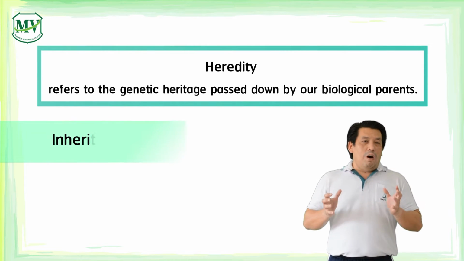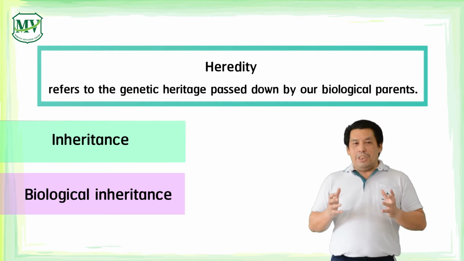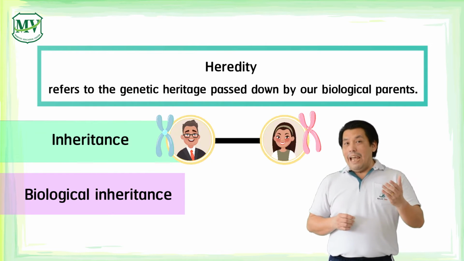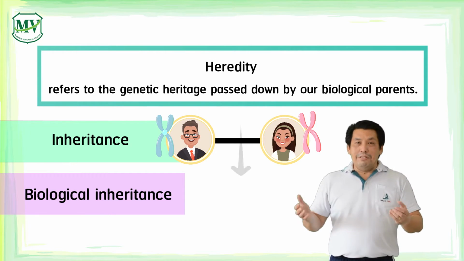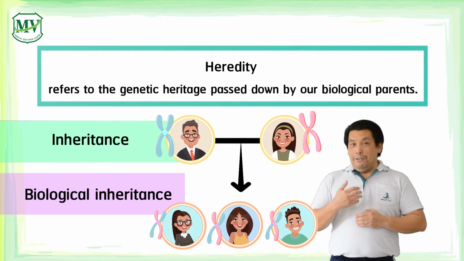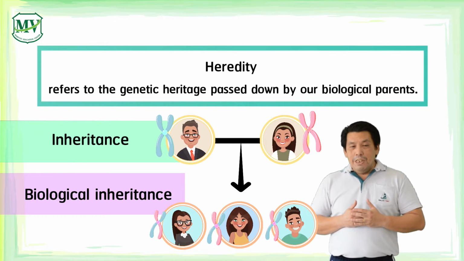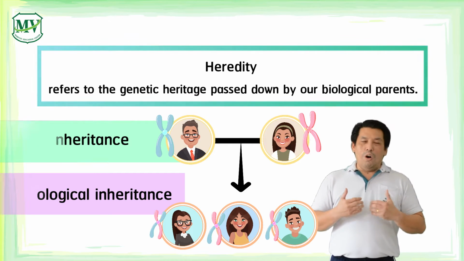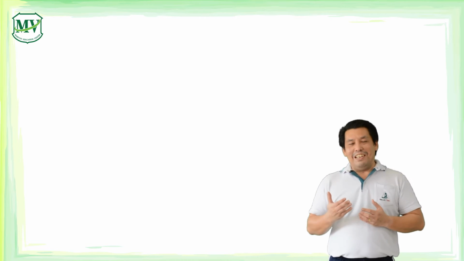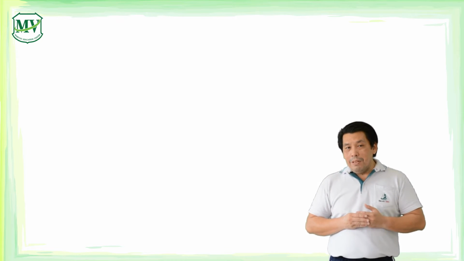It is also called inheritance or biological inheritance. It is the passing out of traits from parents to their offspring, either through asexual reproduction or sexual reproduction. The offspring cells or organisms acquire the genetic information of their parents.